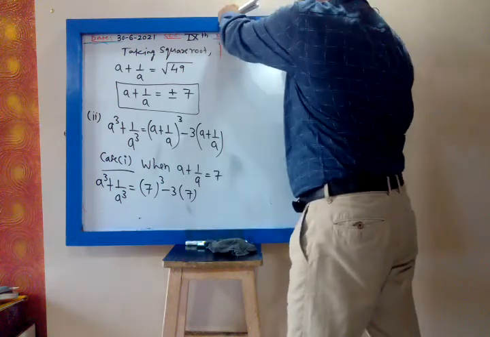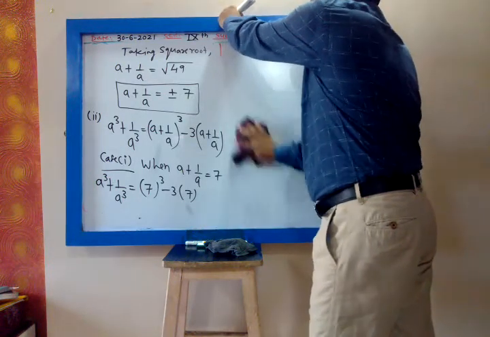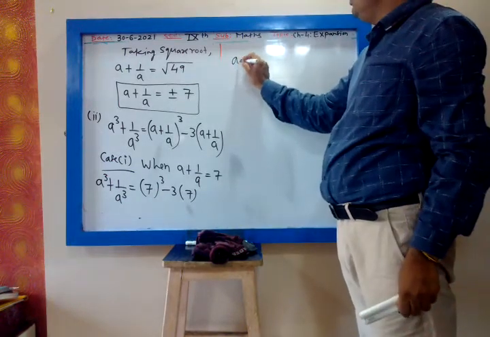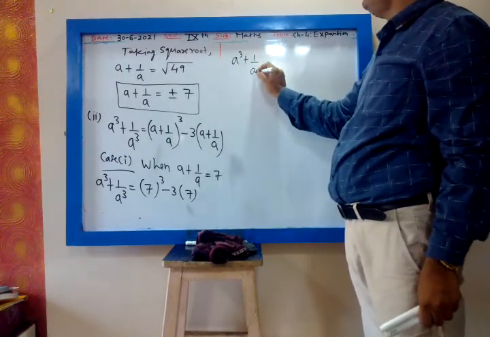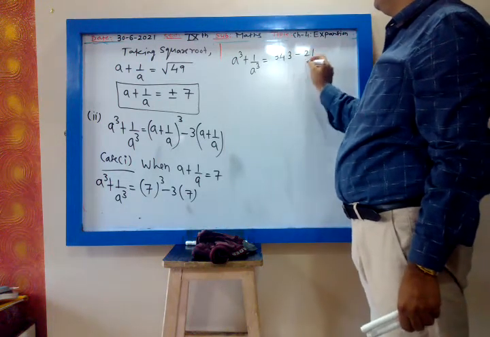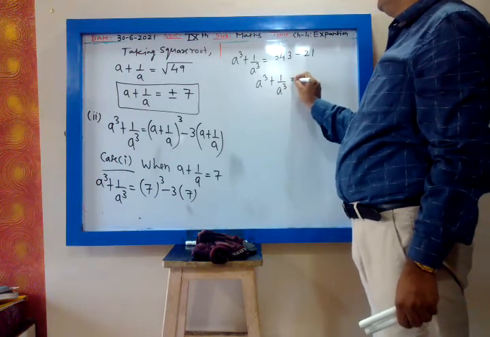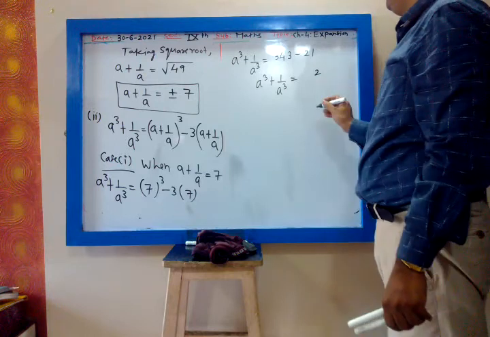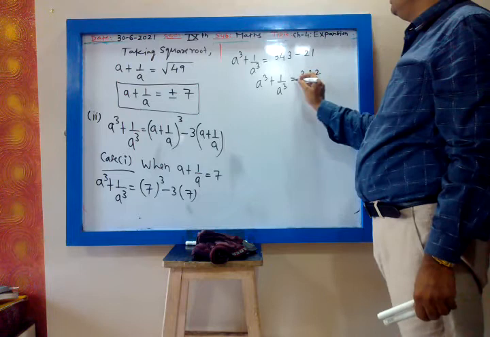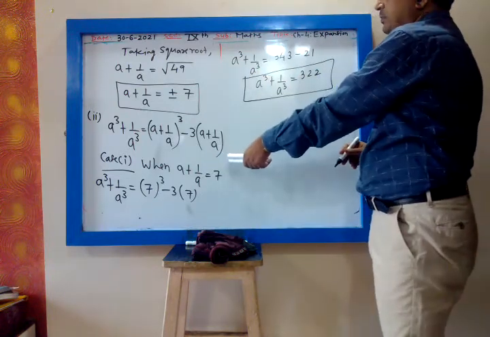So a cube plus 1 upon a cube is 343 minus 21, which is 322. The answer is 322. This is the first case, when a plus 1 upon a is plus 7.